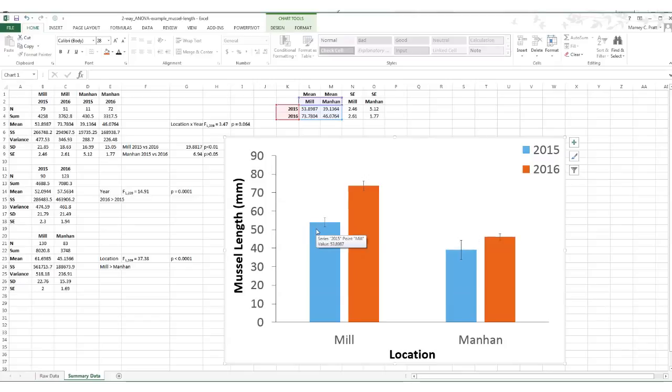Let's say this one was significantly greater than either of these, that could get a B, and then if this one was greater than this one, it could get a C. So you can just put different letters for ones that are significantly different, and put the same letter for ones that are not significantly different. And then in your figure legend, you would say that different letters were significantly different by a Tukey HSD test at a value of 0.05 or whatever the case may be.